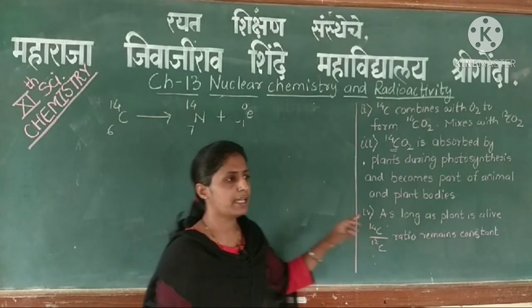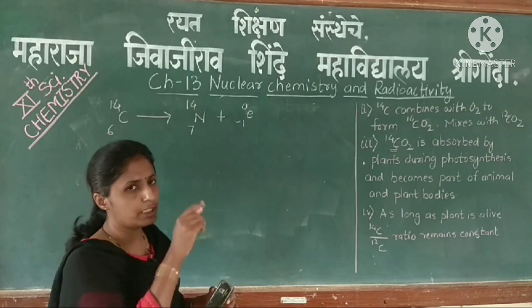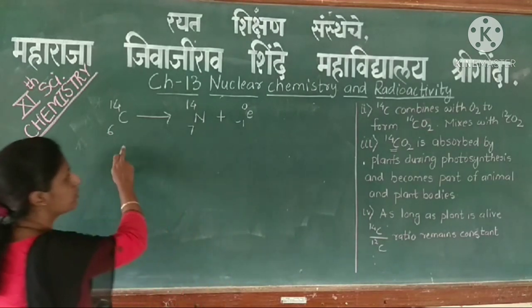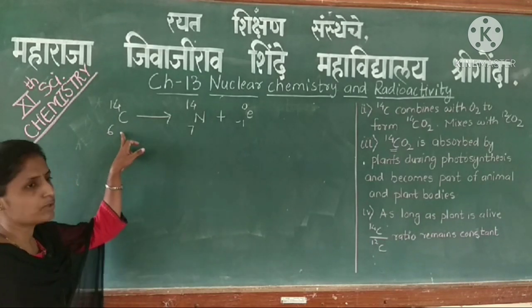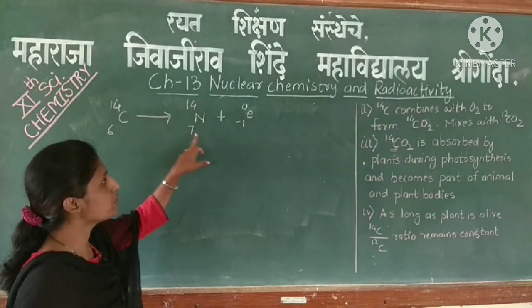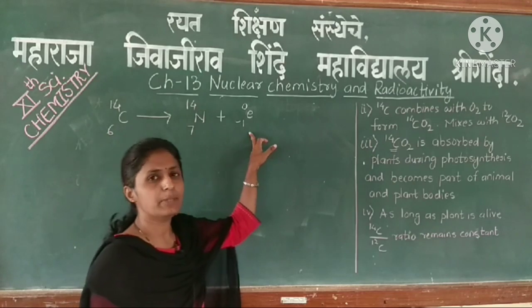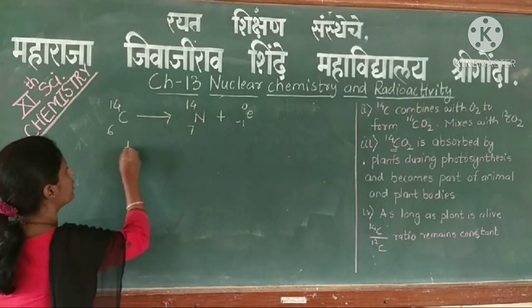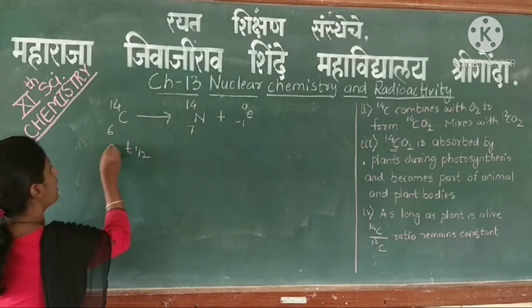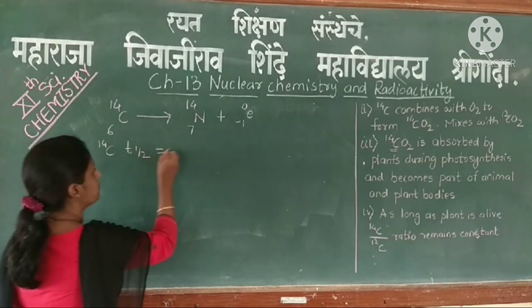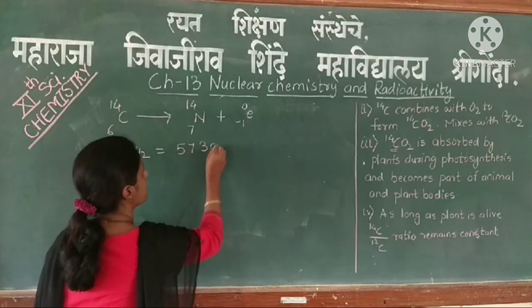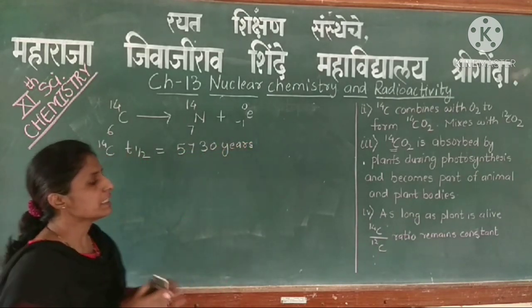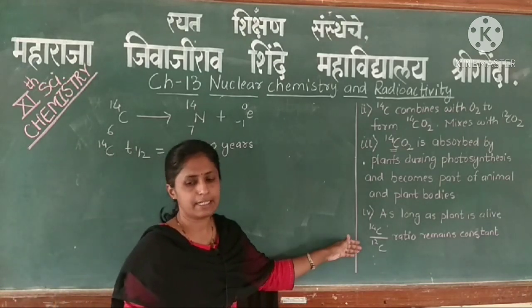Because carbon-14 is radioactive, it starts to disintegrate and decay. How does your carbon-14 decay? It decays to give you nitrogen and it emits one electron also. Now the half life of this carbon-14 is 5730 years. So now you can imagine what happens when the plant is dead.